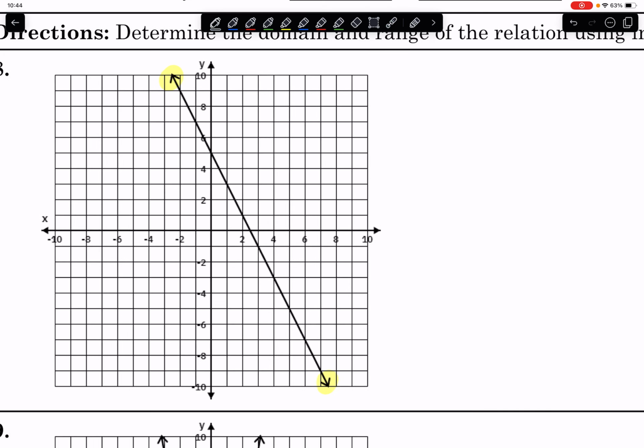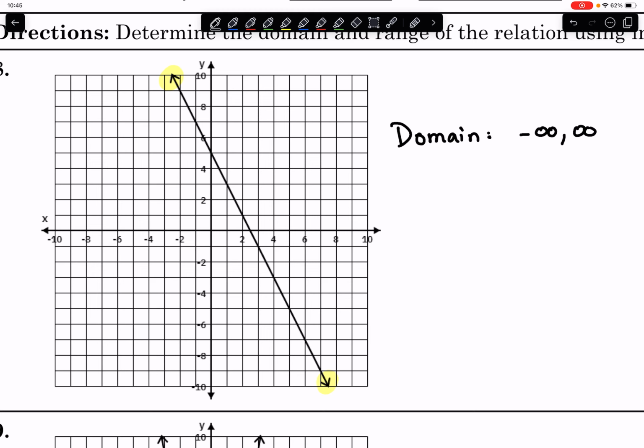So for this example, the domain is going to go all the way from -infinity to +infinity, because it has no endpoints. It extends beyond the graph that we see right here, and it continues moving to the far left and far right until it reaches the respective infinities on the x-axis.